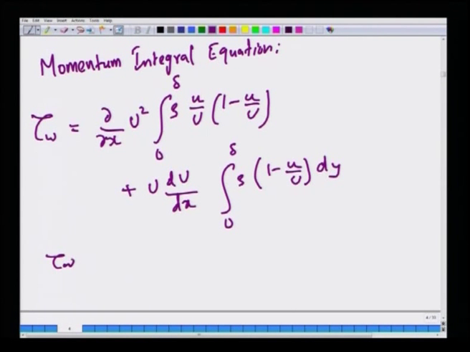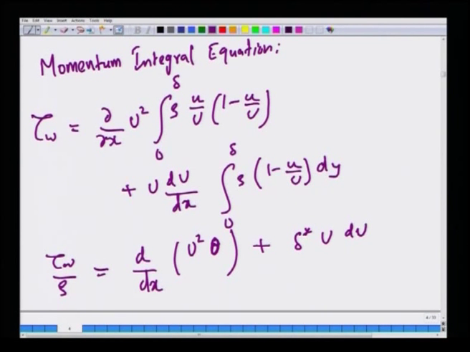After using the definitions of the momentum and displacement thickness, we get this is simply nothing but d dx of U squared theta, plus delta star U dU dx.